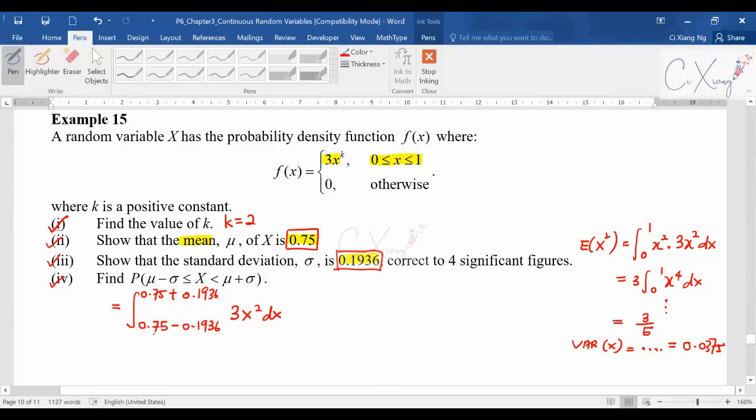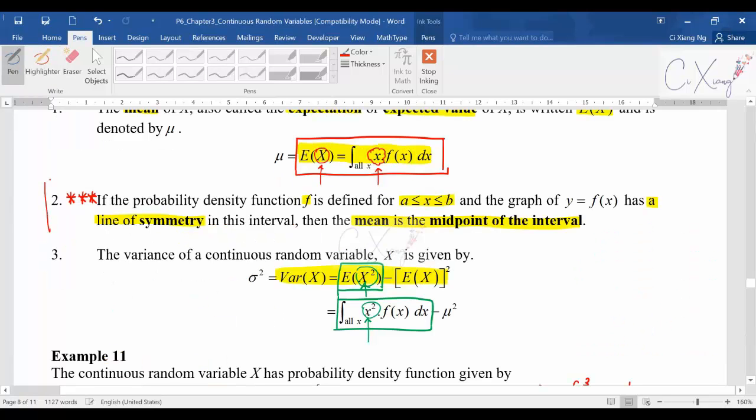So this is what you need to do. You have one value here, another value here. Again, carry out the integration. Try to get the answer 0.668. Again, for this question, you cannot change it to z because this is not a normal distribution.